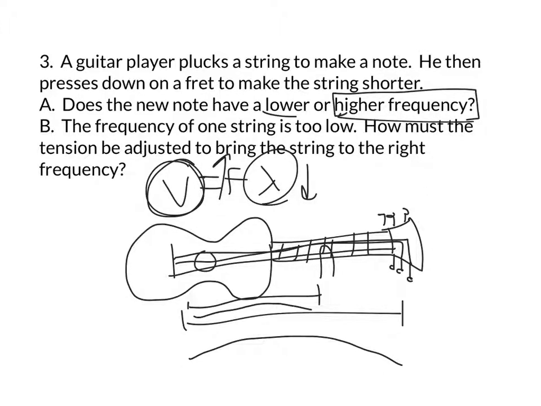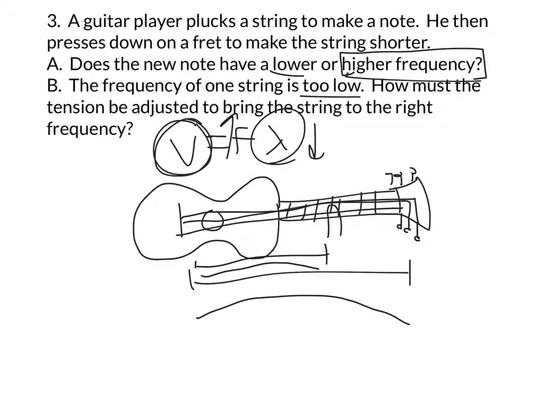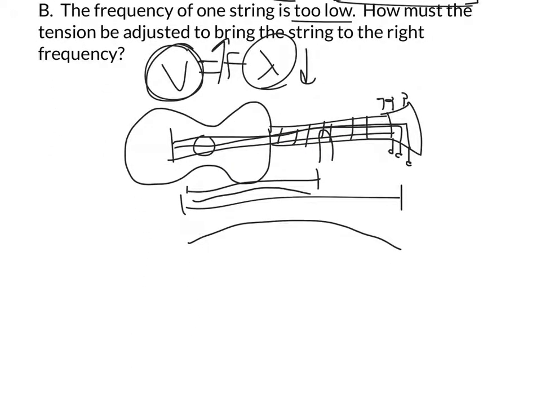Okay, next question. The frequency of one string is too low. How can the tension be adjusted? All right, well, we need our tension equation here. So for a string on a wave, the velocity on that string would be equal to the square root of the tension divided by the linear density. And we will assume that the linear density does not change much when you tighten it for these strings.